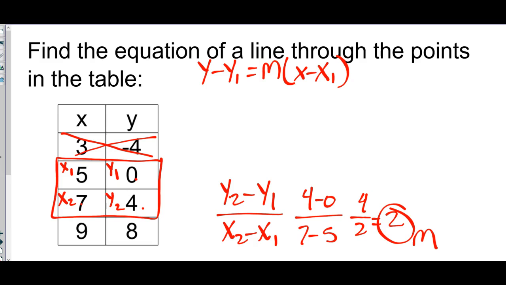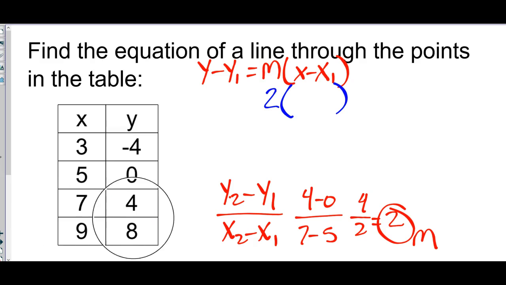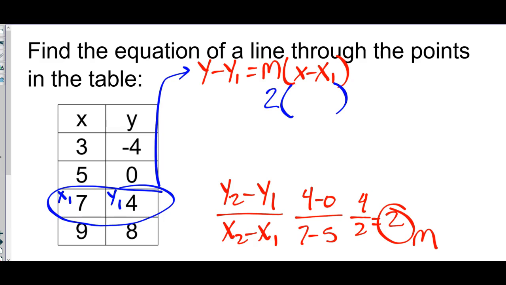Now I'm going to plug the slope into my m. I know that's going to go there. I need a point, an x1 and a y1. I'm going to stick with this easy point there that I already have labeled x1 and y1. So I have y minus 0. Actually, I'm not going to. As an example to you guys, it will be more helpful if you see me work it with real numbers. I'm going to choose that. That's my x1 and that's my y1 for point slope formula.